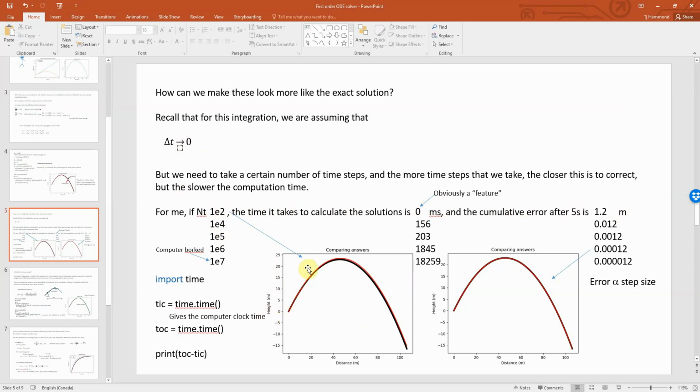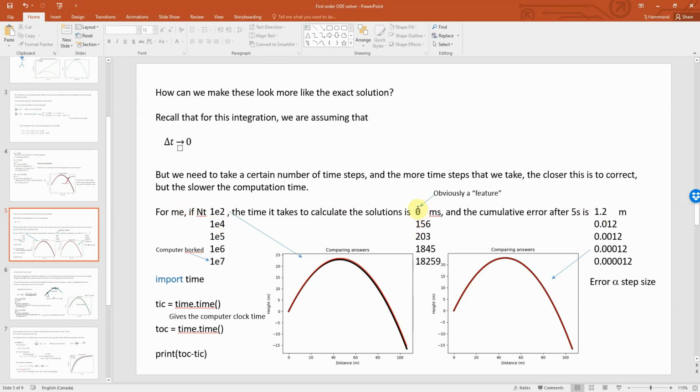For this ball that travels 100 meters or so over 5 seconds, if we only have 100 time steps, the exact solution is something like -15, whereas what we calculate from our numerical solver from Euler integration is about -14 meters. The difference between the two is 1.2 meters or so.